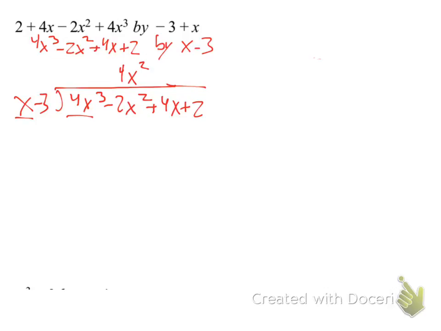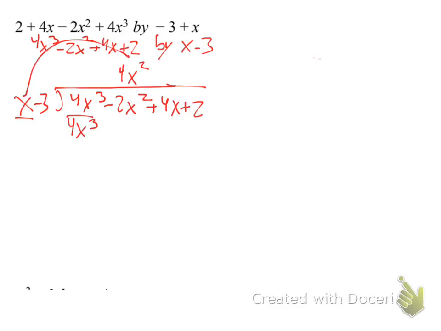Then, the next step says I take that 4x squared and multiply to the x and the negative 3. What's 4x squared times x? 4x cubed. We engineered it that way because the step after this is to subtract, and when you subtract the same thing, they disappear.